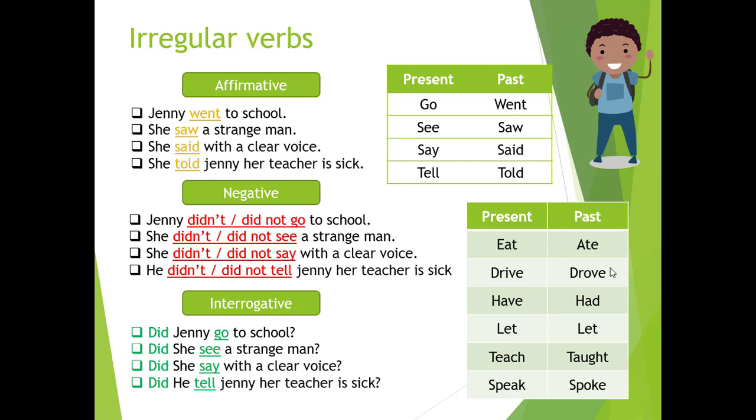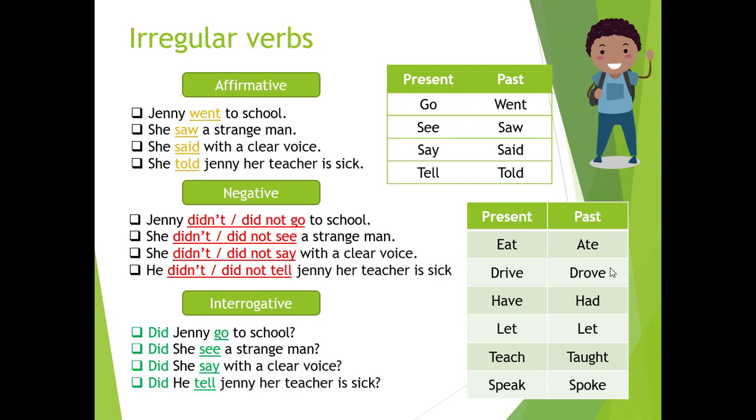Now, these verbs change completely or remain unchanged. So, each verb has a different way of changing its form into the past. For example, drive becomes drove and speak became spoke. Okay? You need to remember these verbs or memorize them.